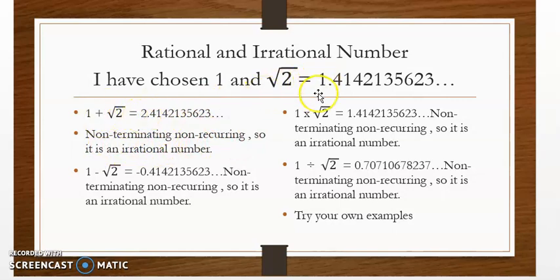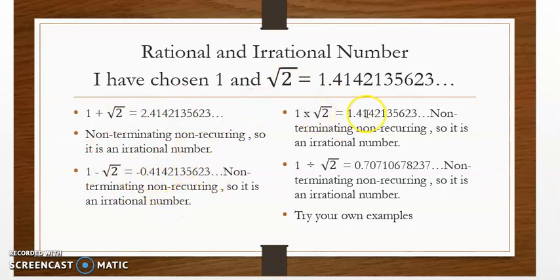When I subtract 1, the 1 would go away, and it will be negative 0.4144421363. This is also a non-terminating, non-recurring number, so this is also irrational. So adding a rational number and an irrational number gives an irrational number. Subtracting a rational number and an irrational number gives an irrational number.